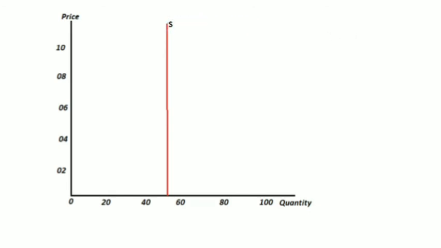If you consider this to be your fixed supply, at any point where the demand intersects, fixed supply can be, say, the seats of the planes or the seats of a stadium.